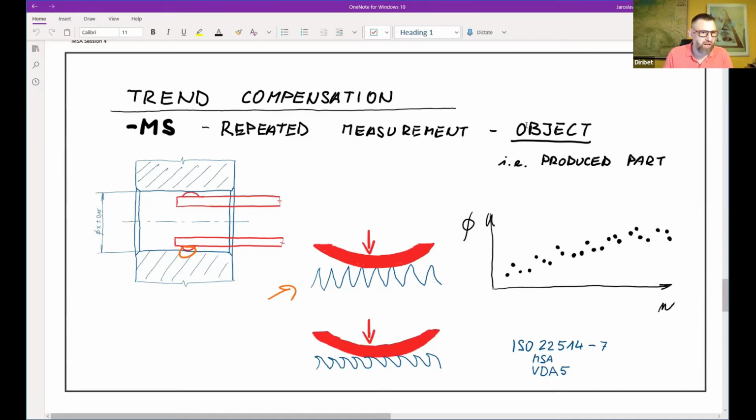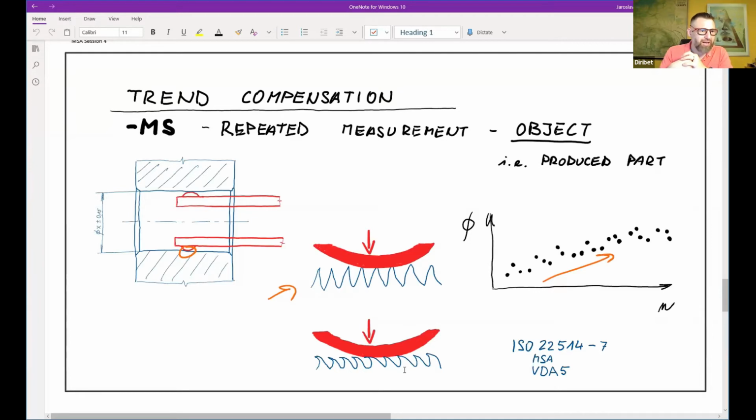So when the tactile measurement goes in, it has a tendency to flatten these lines, these marks. So in this case, with an internal diameter, the diameter increases. And quite often, we can see this trend, as marked on the graph here, with an increasing tendency on the chart.